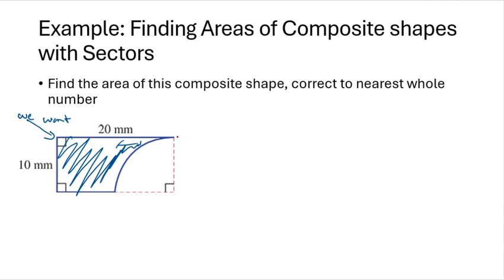Looking at these dotted lines here, I can pretty much add these in and turn it into a rectangle. So A is equal to L times W, which equals 20 times 10, which equals 200 millimeters squared. So that's actually the area of blue plus unshaded, okay?